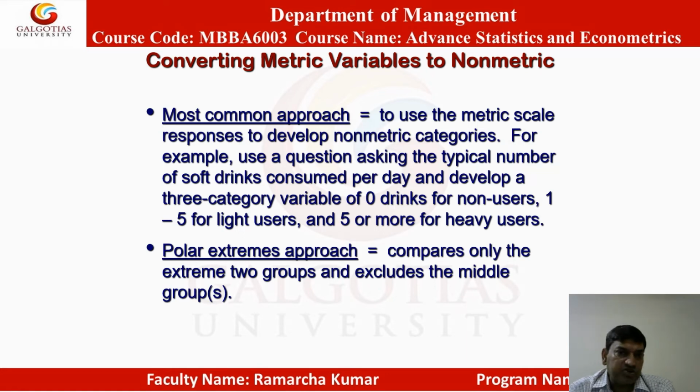For example, use a question asking the typical number of soft drinks consumed per day and develop a 3-category variable: 0 drinks for non-user, 1 to 5 for light user, and 5 or more for heavy user. The polar extremes approach compares only the two extreme groups and excludes the middle groups.